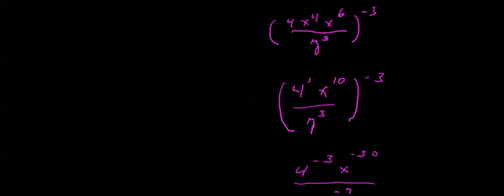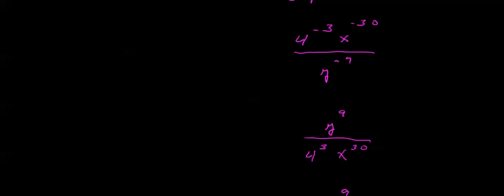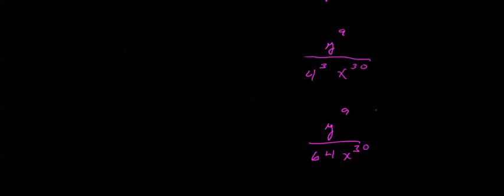Got x to the 10th. I've cleaned up everything inside, so now I do my last power to a power, and then I move things. If I have a negative exponent, I move it up or down to make the exponent positive. And I'm done.